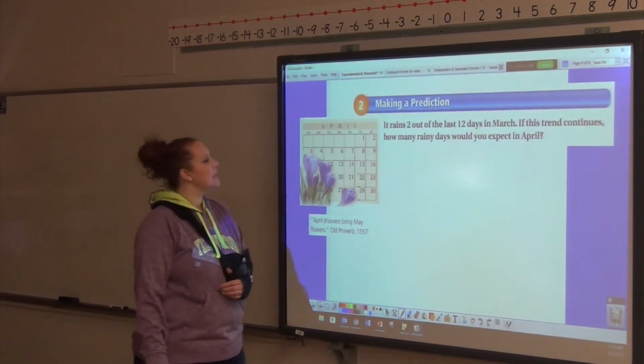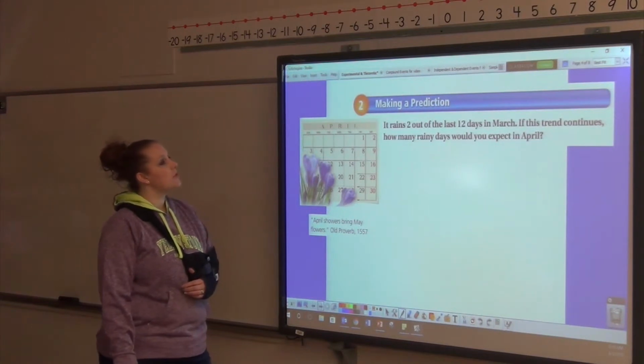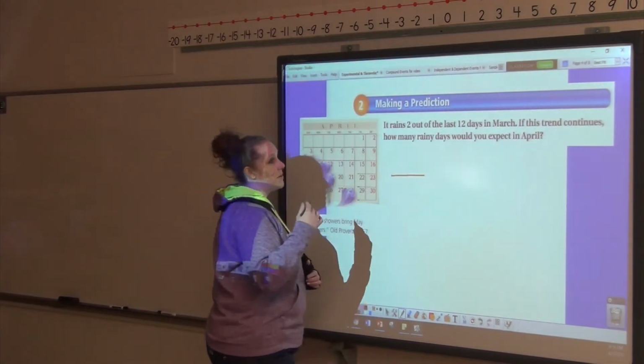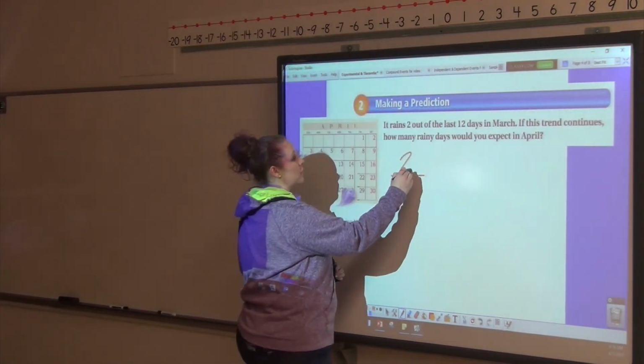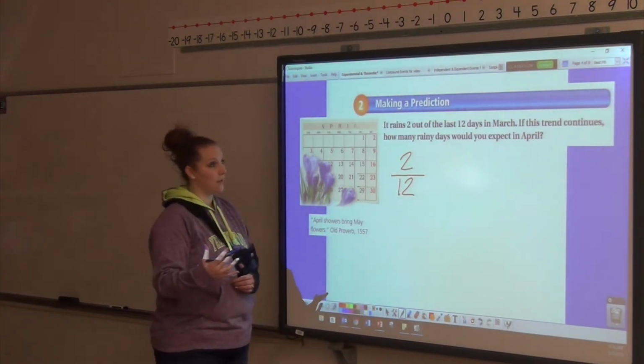It rained 2 out of the last 12 days in March. If this trend continues, how many rainy days would you expect in April? My experimental probability is 2 out of 12, because it's rained 2 days out of the 12.